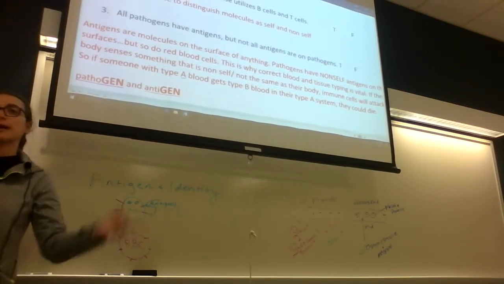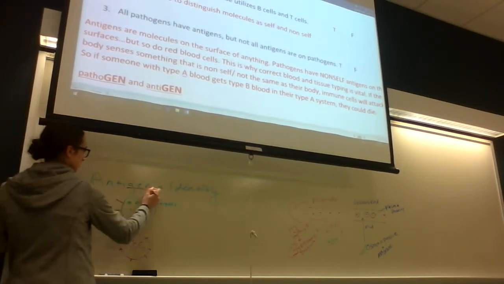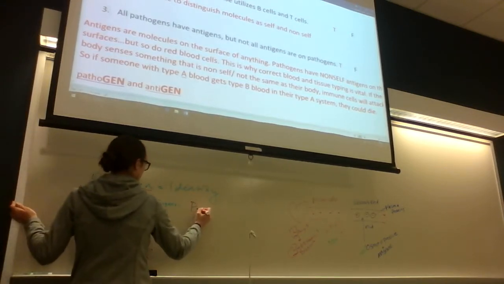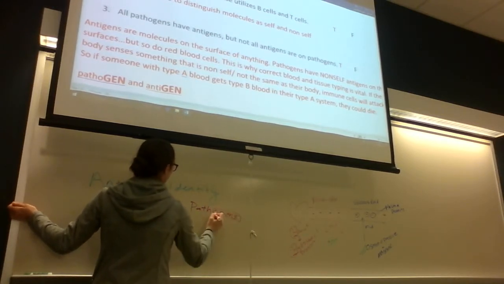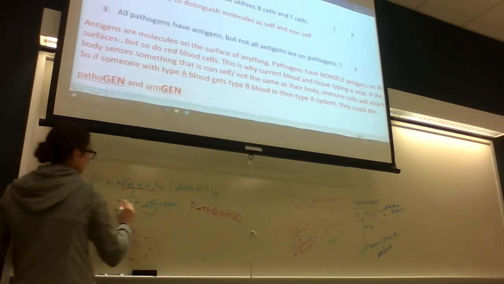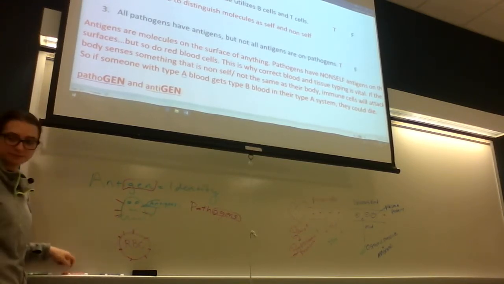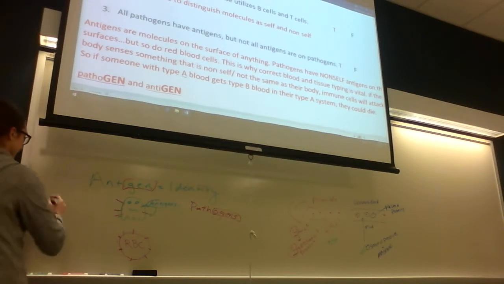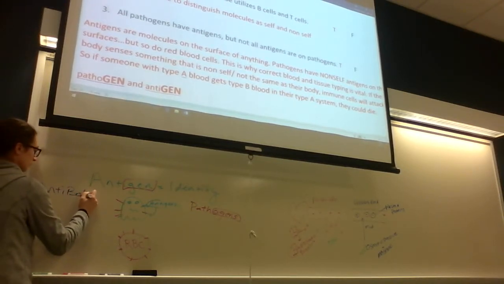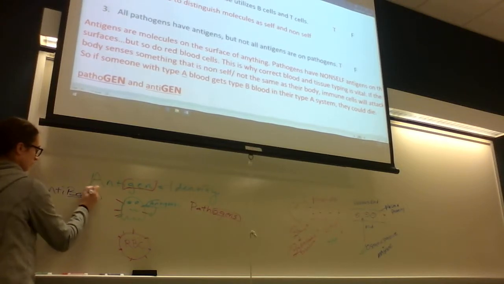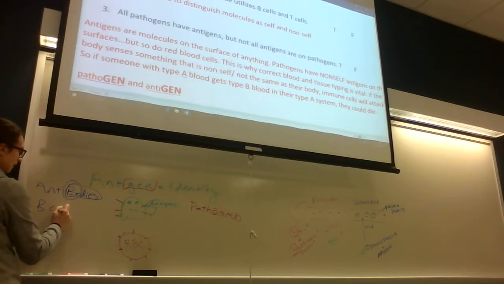So we'll talk about antibodies and antigens. Antigens and pathogens are pretty similar to each other. But then you'll have antibodies, especially the B part of the word, and then you'll have B cells.